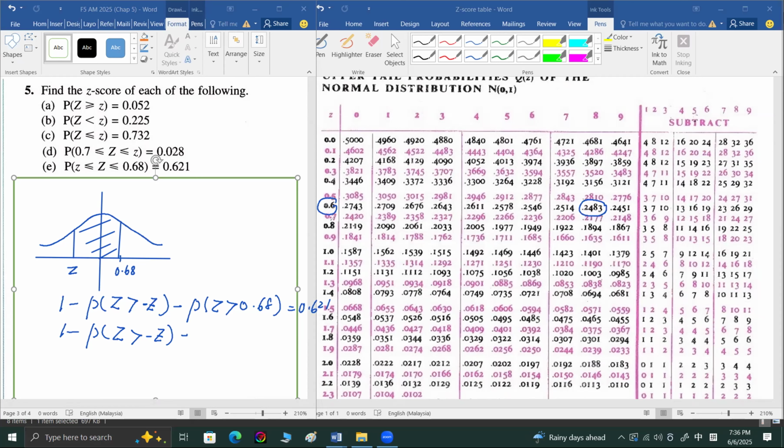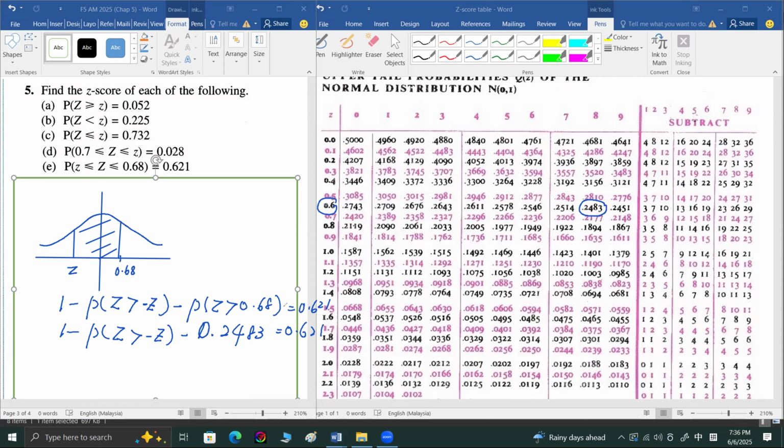So 0.68, 0.2483. Zero point 2483. Okay, now you get 1 minus this and minus this.